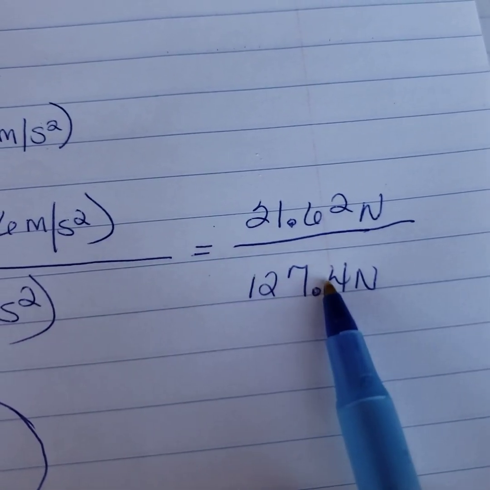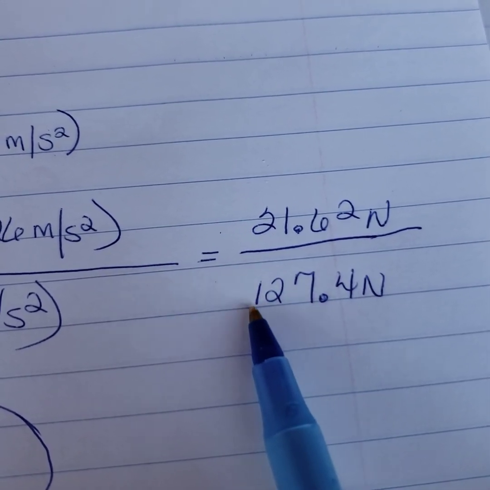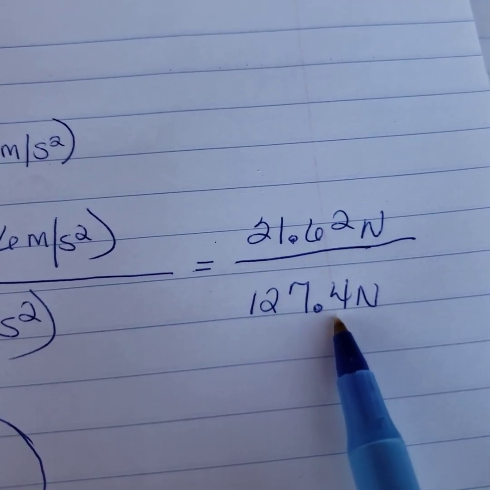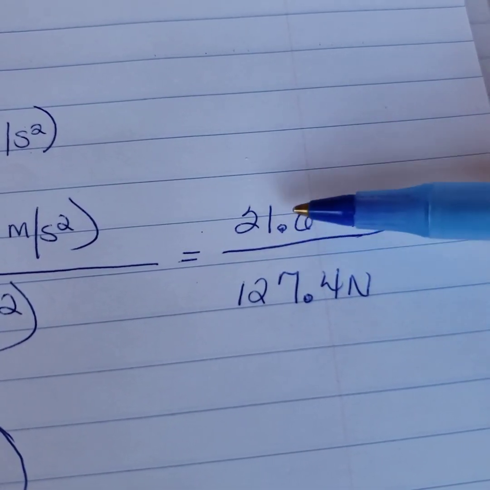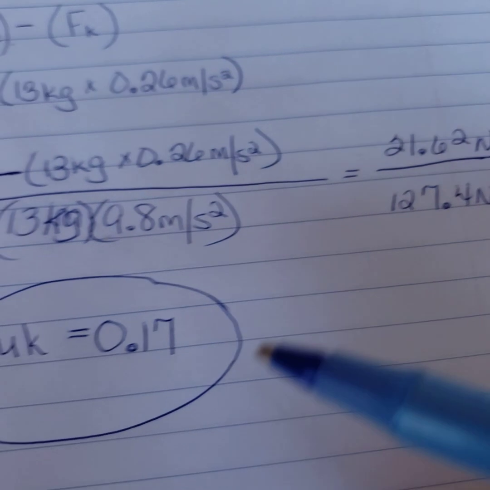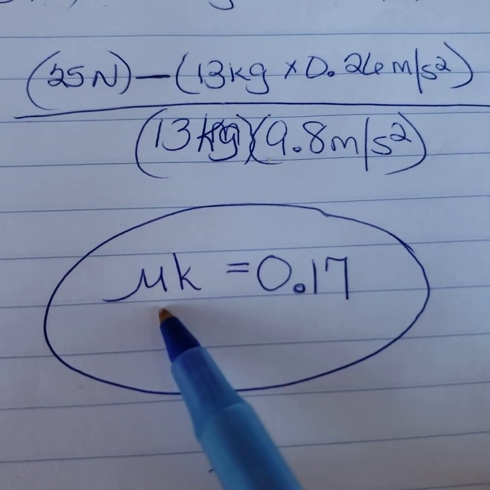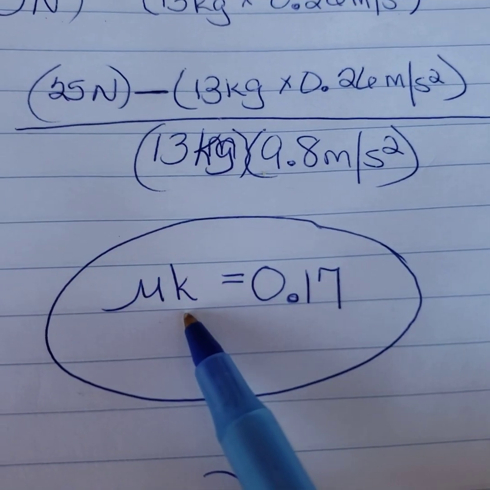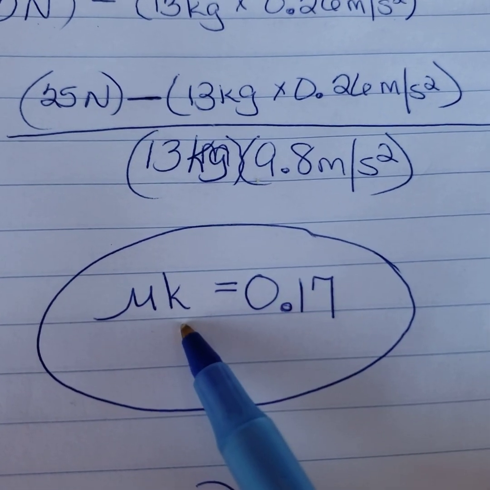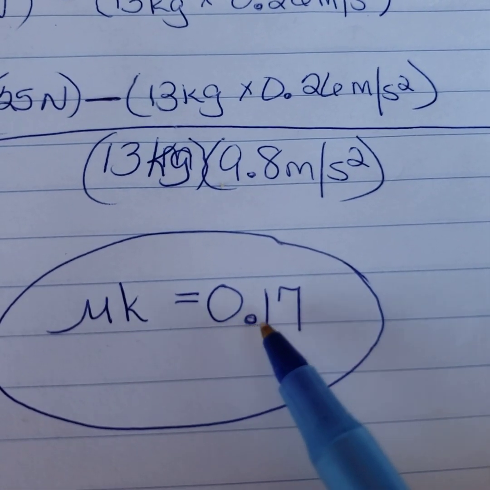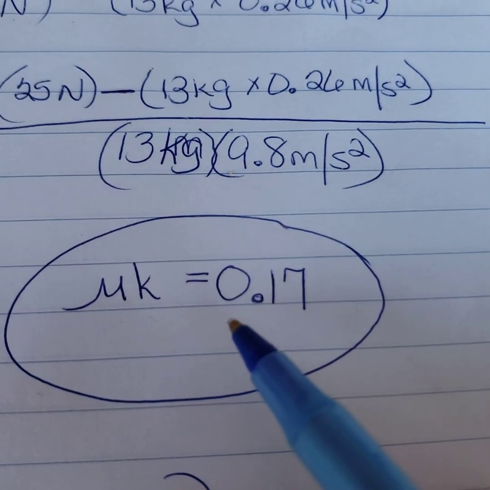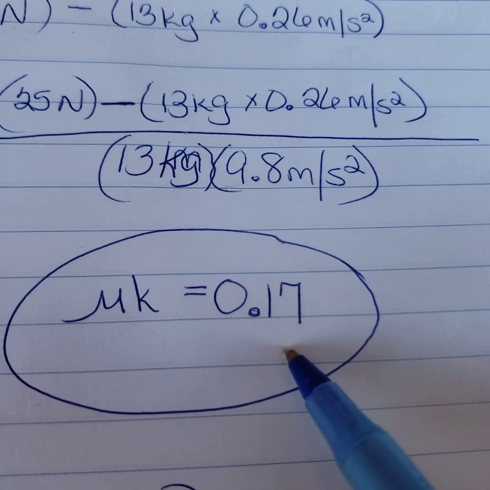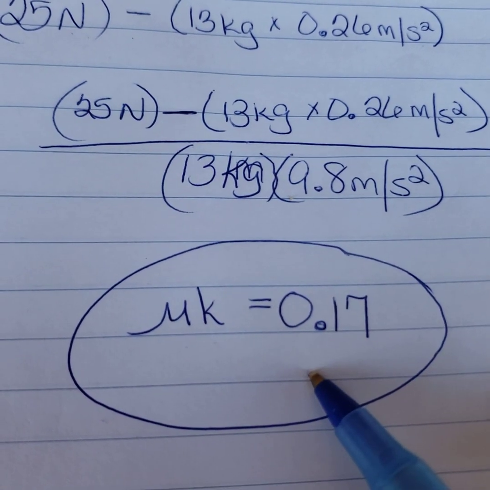So my normal force, or the opposite of weight, is 127.4 newtons. If I divide these two forces, I will then get the mu of kinetic friction, or the coefficient of kinetic friction, which is 0.17. You notice that our units cancel out, and there are no units on the coefficient of kinetic friction. So we can solve for that.